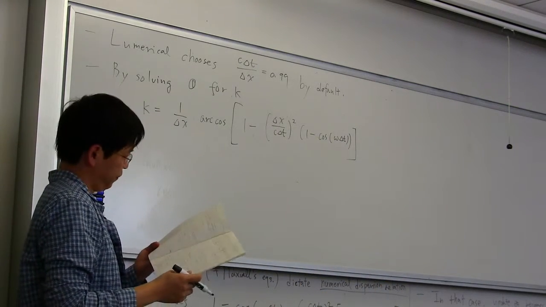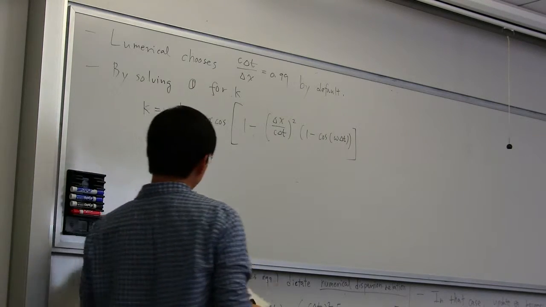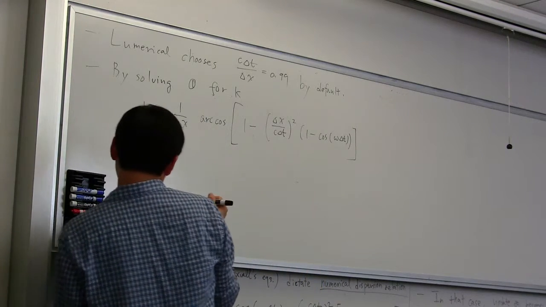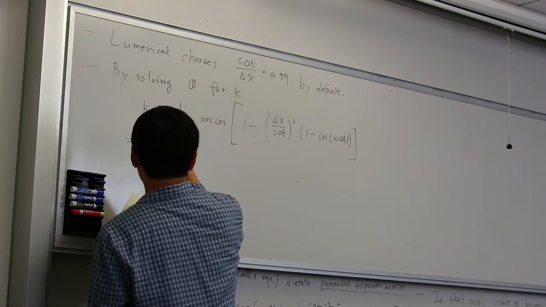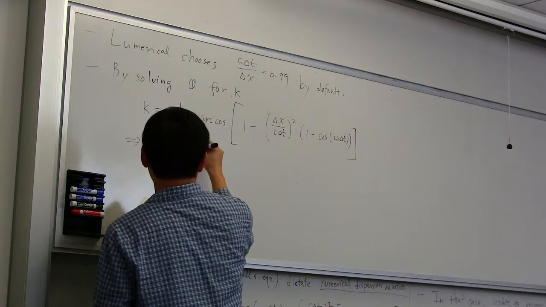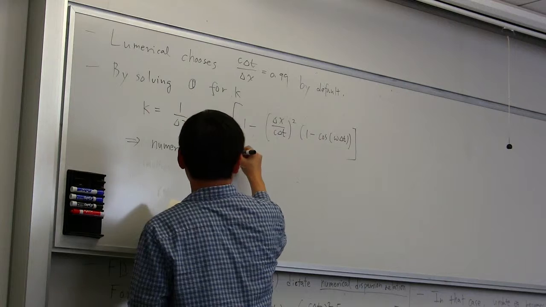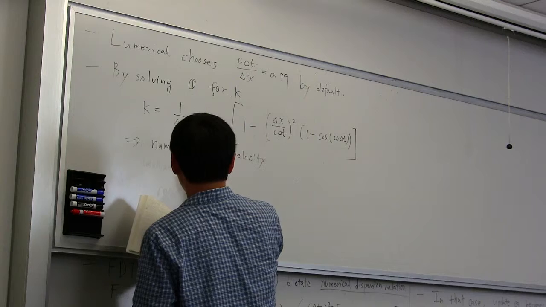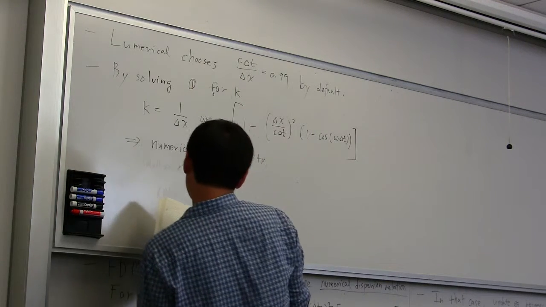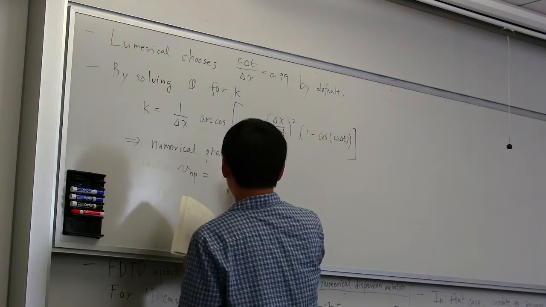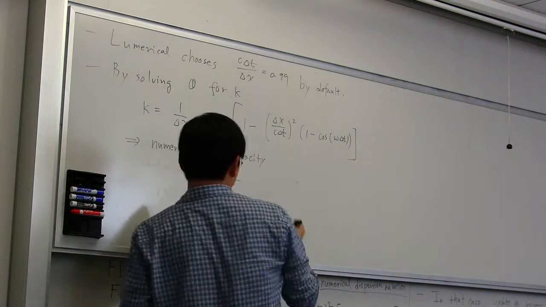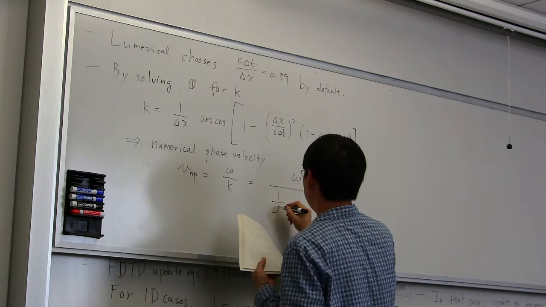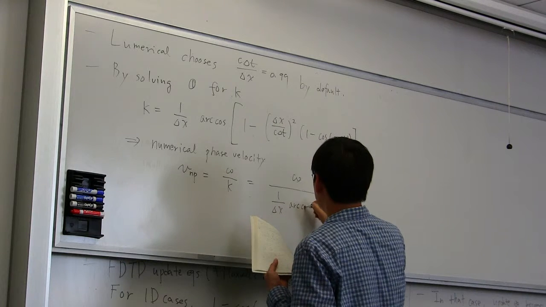Okay. So this result says that the numerical phase velocity is omega over k, which is omega over 1 over delta x cosine inverse.